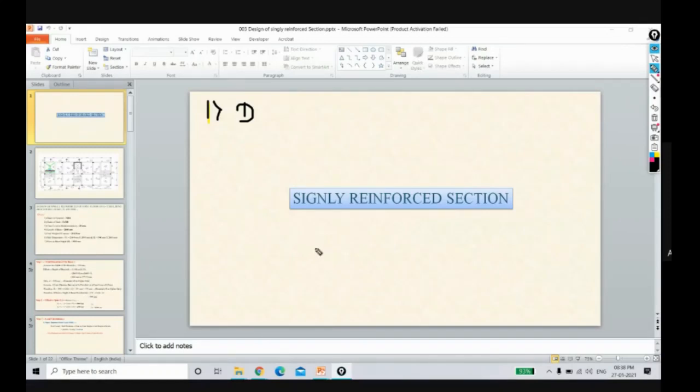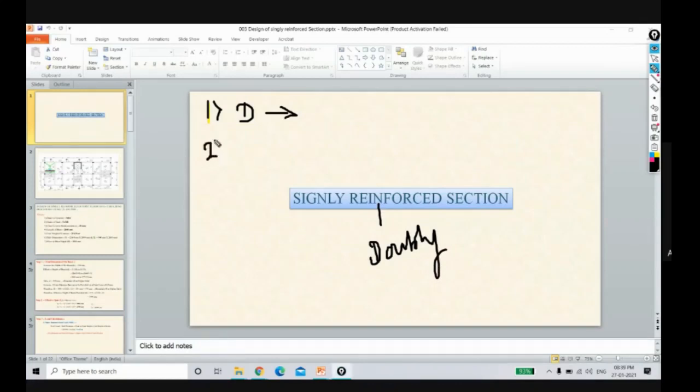But the first criterion is, if there is any restriction in depth, we have to provide the doubly reinforced section. That is one thing.